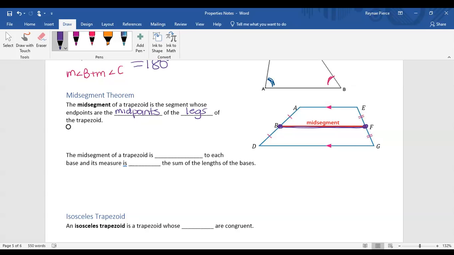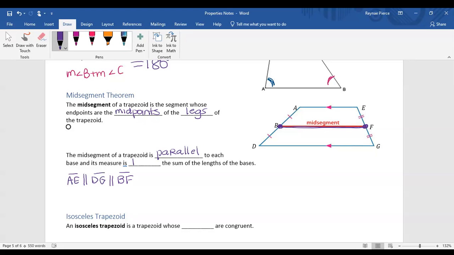Now the mid-segment is parallel to the bases still. So we've got base AE parallel to base DG, and both of those are parallel to mid-segment BF.